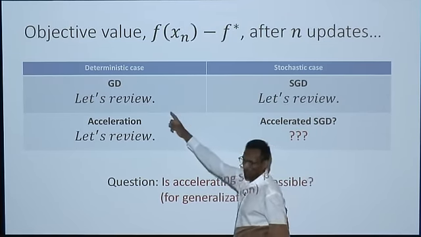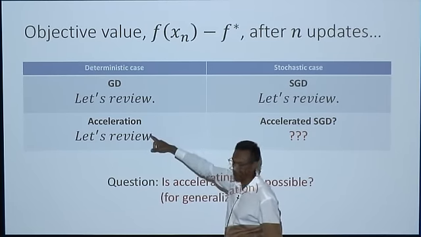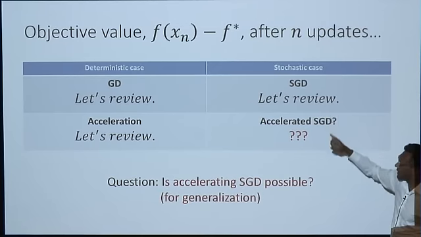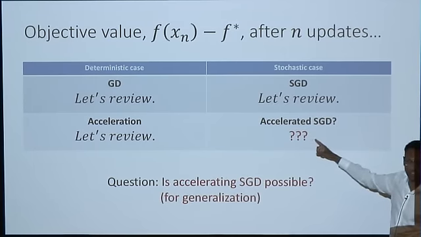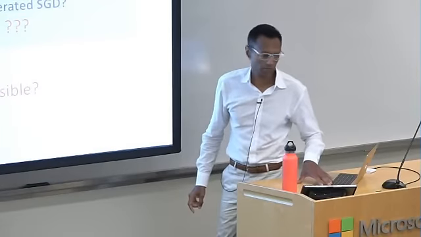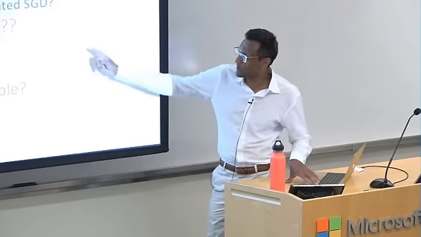We're going to review what gradient descent gives us for solving linear systems. We'll review how we can improve upon it. We'll review the stochastic setting, and then we'll try to phrase the question of how much can we improve the stochastic method.